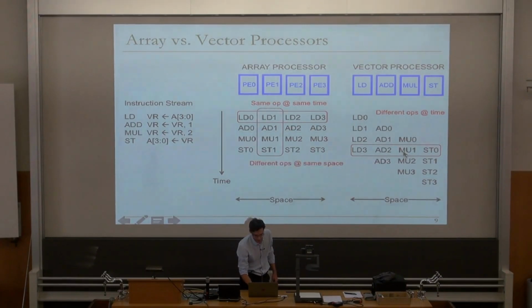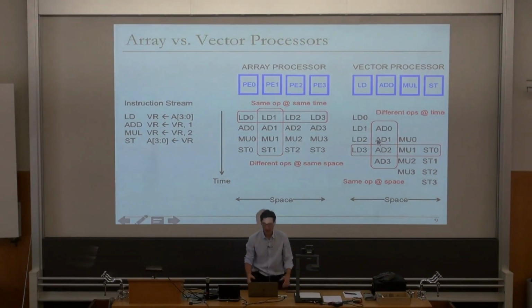And in space, in the array processor we have different operations in the same space, because these processing elements are able to execute any of these 4 instructions. And in the vector processor, we have the same operation in the same space. So that's the main distinction between array and vector processors.